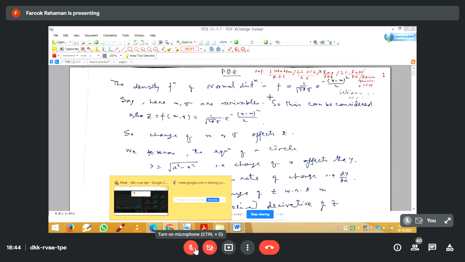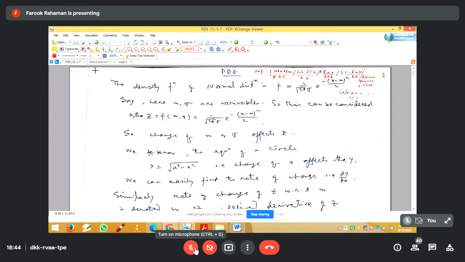You can consult any engineering mathematics book, I think Grewal or something. There are so many engineering mathematics books available.